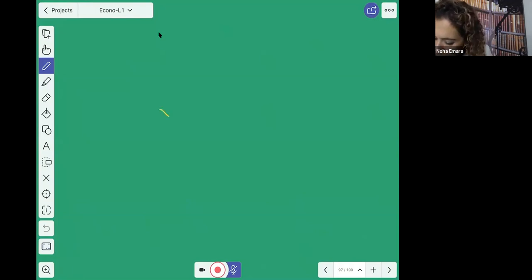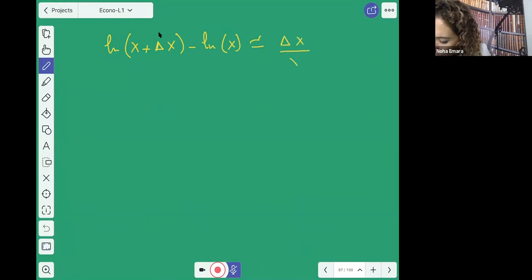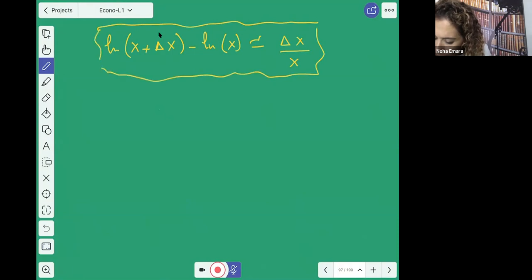So we said that the natural log of X plus the change in X, minus the natural log of the old X, is approximately equal to the change in X over X. And this is our rule that we will use many times.